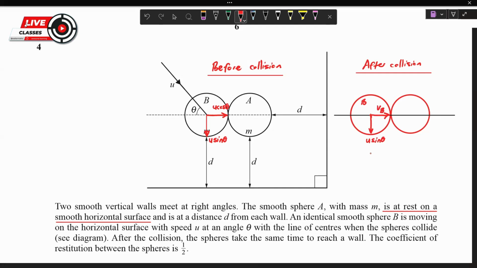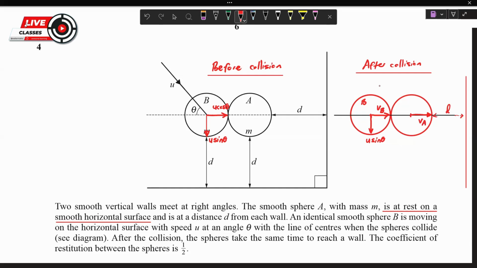Then for the other particle, this is particle A, we can deduce that it is going to move to the right after collision, towards the wall. Remember, there's a vertical wall here, and the distance to the vertical wall, this distance here, they say it is d. So this component, I'm going to call it VA.